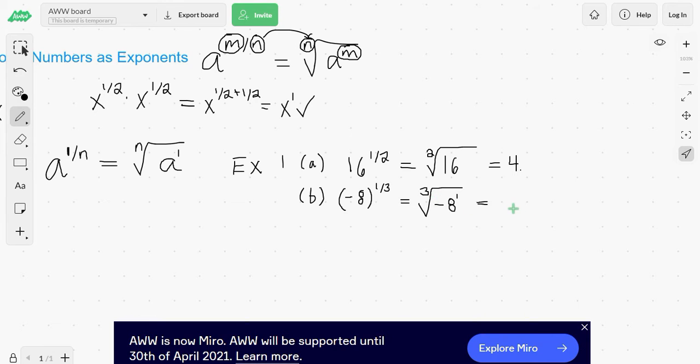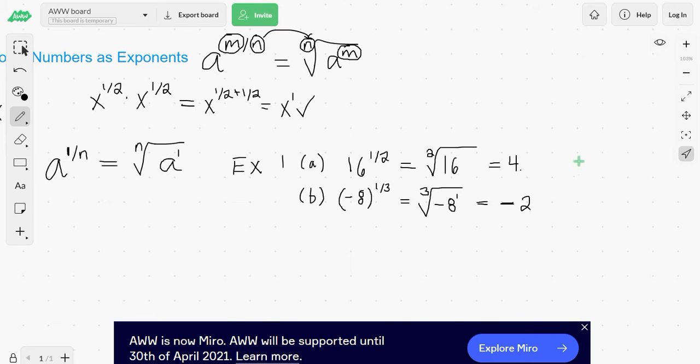Now it turns out that because we've got a negative and a cube root, we come out with a negative, because think about it this way, 3 negatives would make another negative. And then the cube root of 8 is just 2. So we've simplified both of those expressions using radical notation and then simplifying afterward.